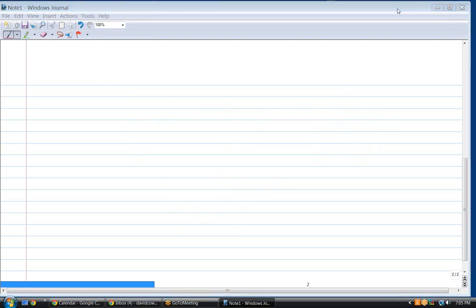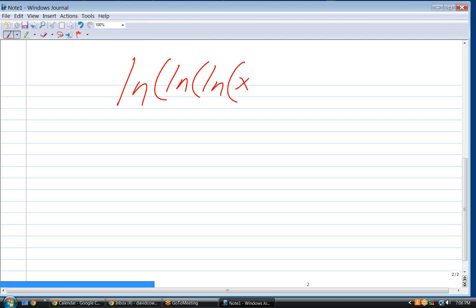All right, what's the next problem you have? Find all values of x satisfying the equation natural log of natural log of natural log of x equals 3. Like this? Well, no. Tell me how to write it again.